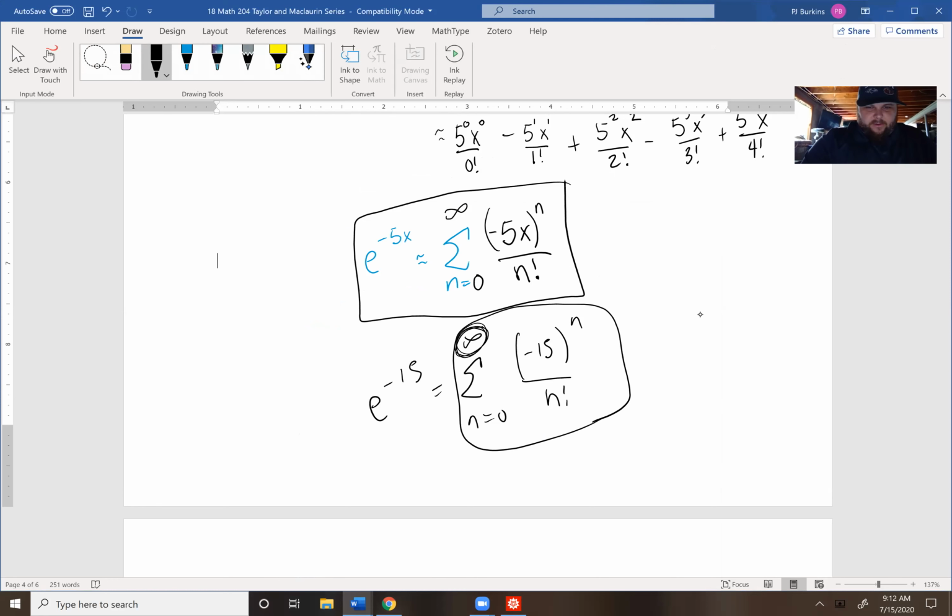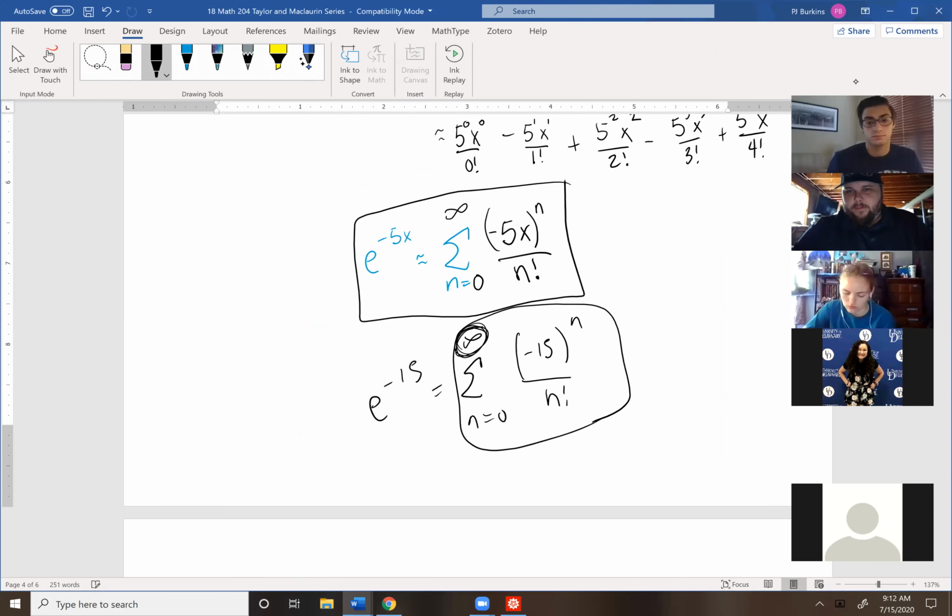Your calculator is going to cry. Right, it asked us to use the first 20 terms. So actually you'd run to 19 technically, right?